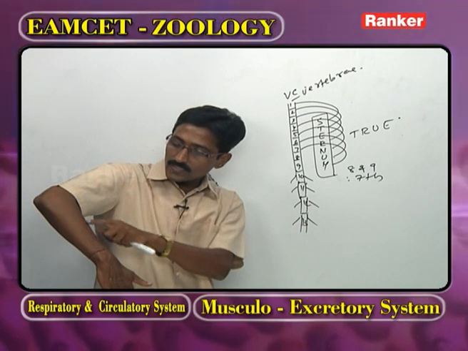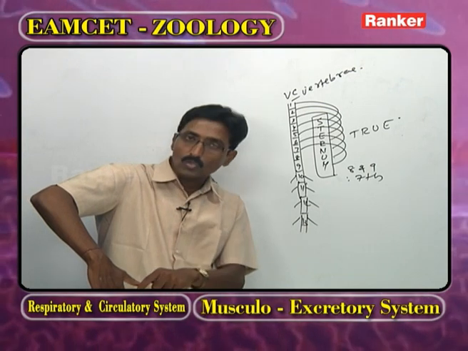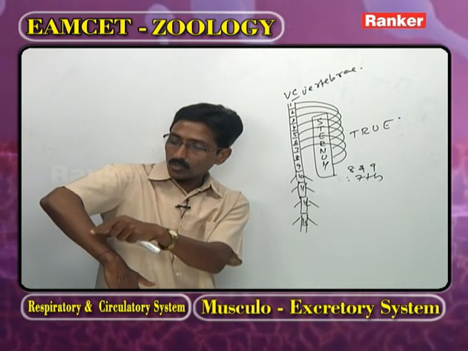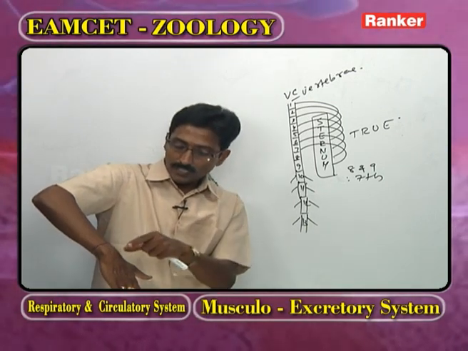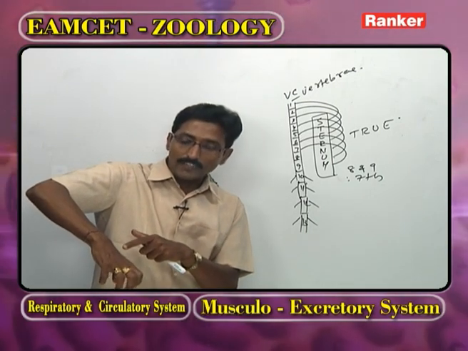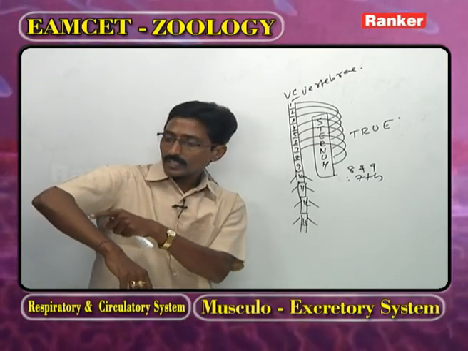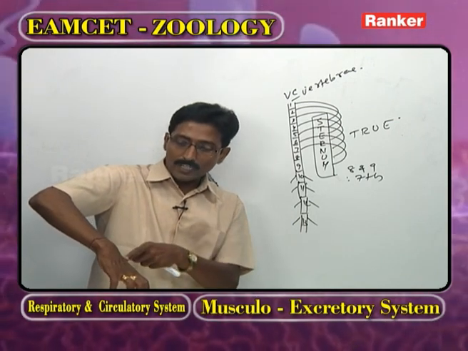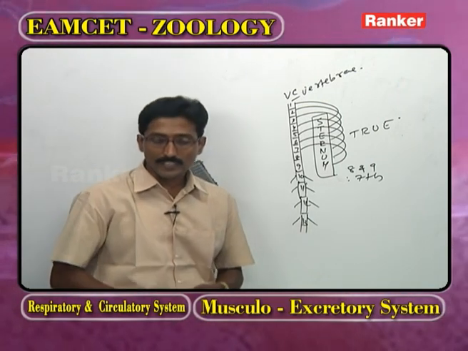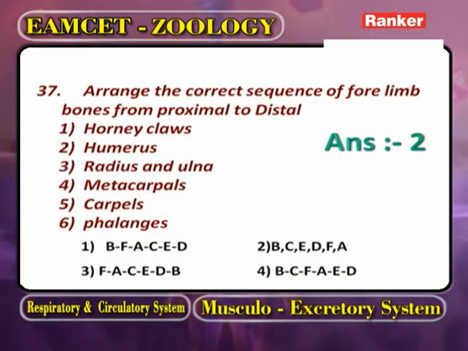Here the first bone is the humerus, followed by the radio-ulna, then carpals, and metacarpals, and in the fingers the bones are called phalanges. So based on this, the answer is. Now we go for the next question.